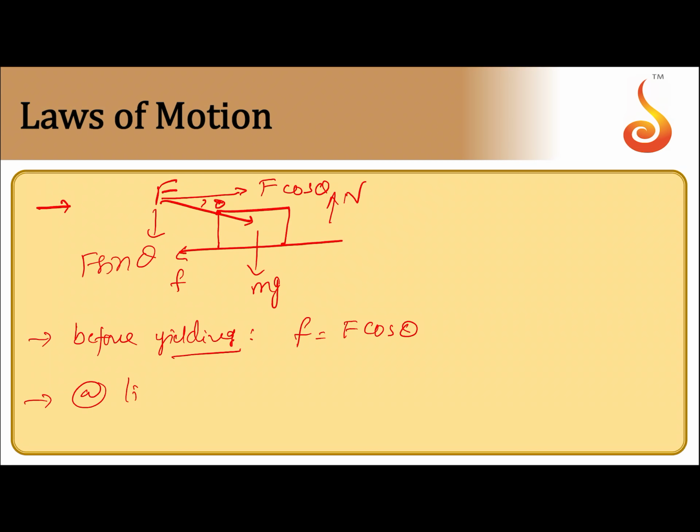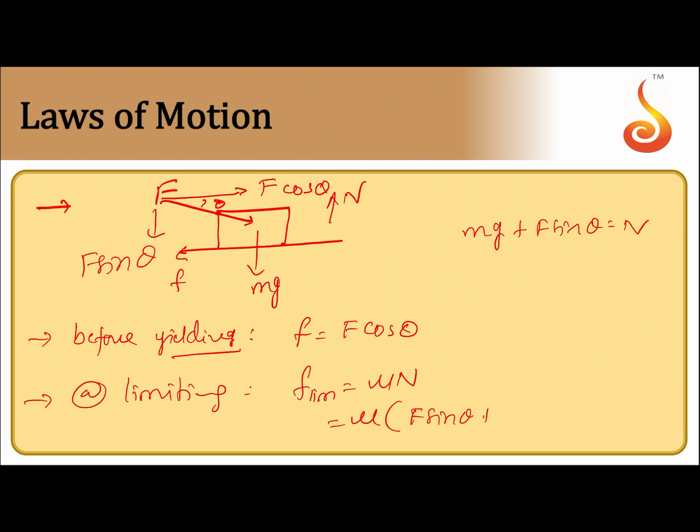But when the limiting case is reached, then limiting friction is equal to mu n. What is that n equal to? How do we get it? mg plus F sine theta is equal to n. So this is mu into (F sine theta plus mg). This is the limiting friction. That's right.